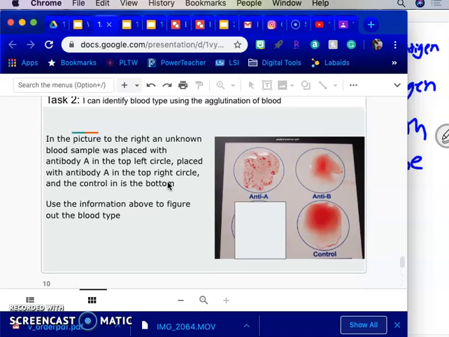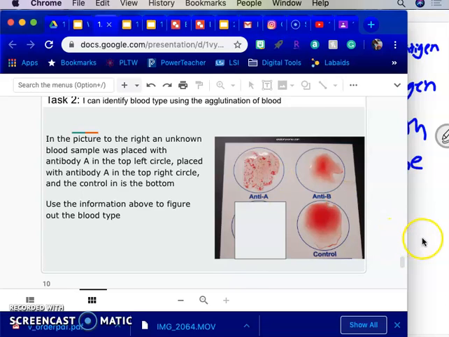Okay, so now doing the lab. The directions are pretty clear. You put a drop of blood found in the scene here, and then you add antibody A here, antibody B here, and then you mix it up real good for like 30 seconds.